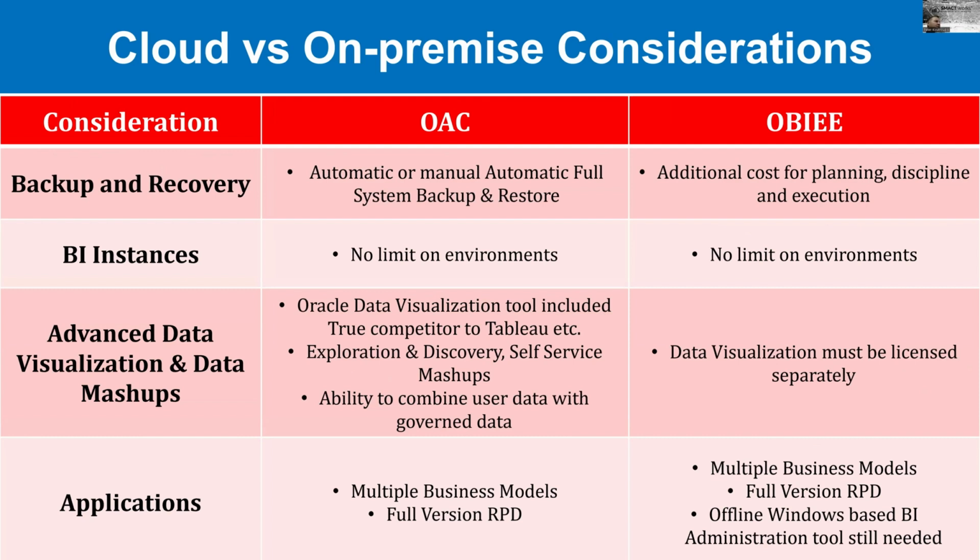With OBIEE, there are additional costs for planning and discipline and execution, and what can't be overlooked is this word discipline, because often Jay and I find that while best intentions are there for backup and recovery with on-premise installations and setups and ecosystems, as we call them, for OBIEE, often we lack the discipline to do those things properly. So it's really nice with OAC to have that automatic full system backup and restore.